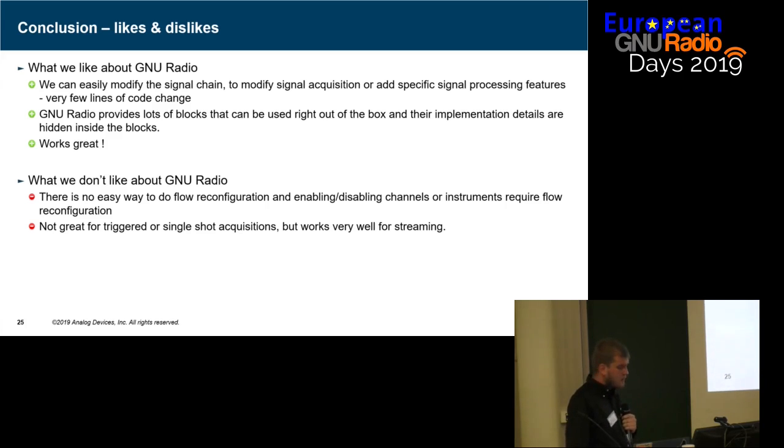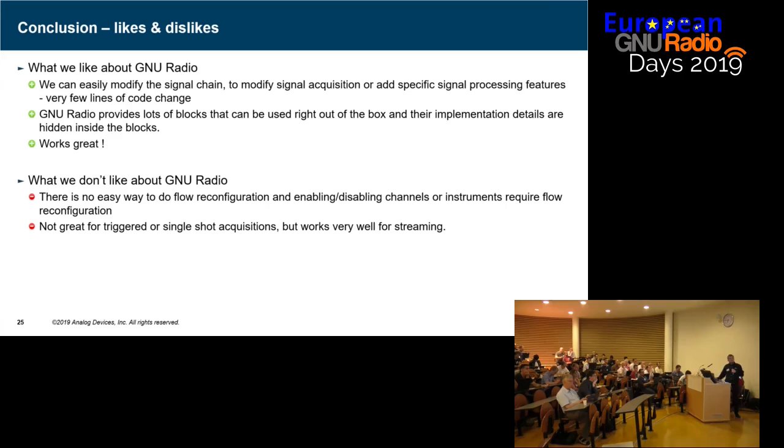And GNU Radio provides lots of blocks that can be used right out of the box, and you don't have to care about the implementation details. What we didn't like about GNU Radio was that there was no easy way to do flow reconfiguration, and we kind of needed that in order to multiplex the instruments. And it was not that good for trigger operation, and especially for single-shot acquisitions. But for streaming, it worked very well for us.